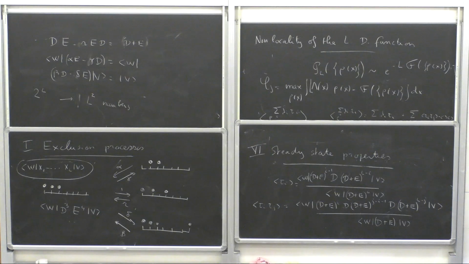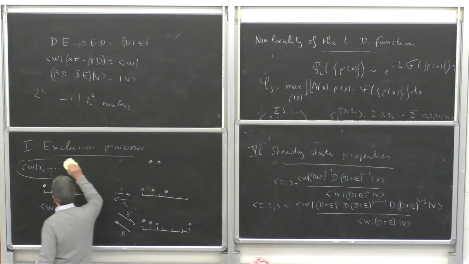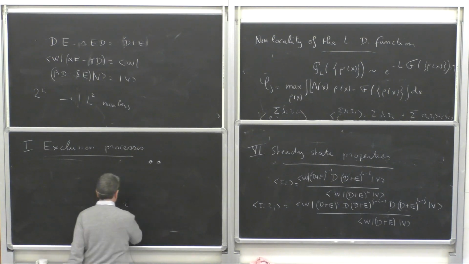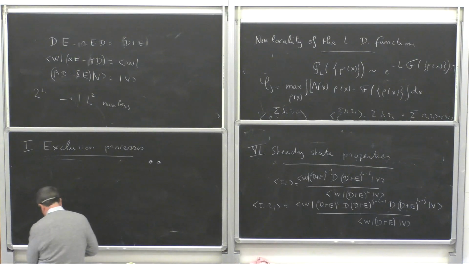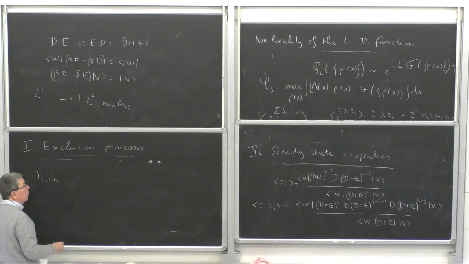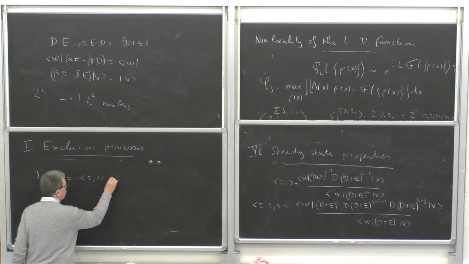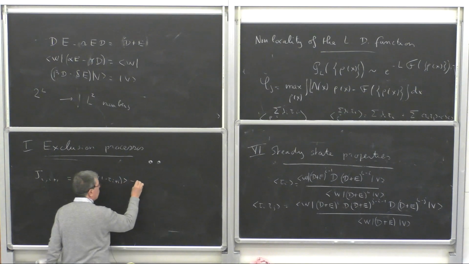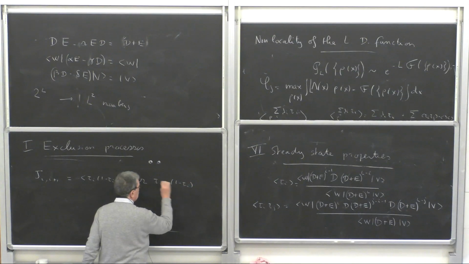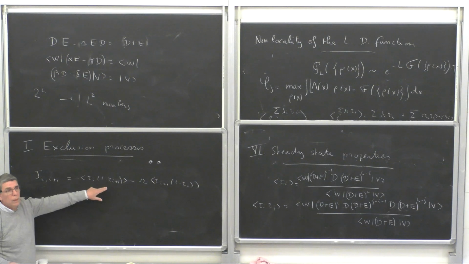If I am interested in the current between site I and I plus 1, it is just tau I, 1 minus tau I plus 1, minus R, tau I plus 1, 1 minus tau I, because between site I and I plus 1, a particle moved from I to I plus 1.